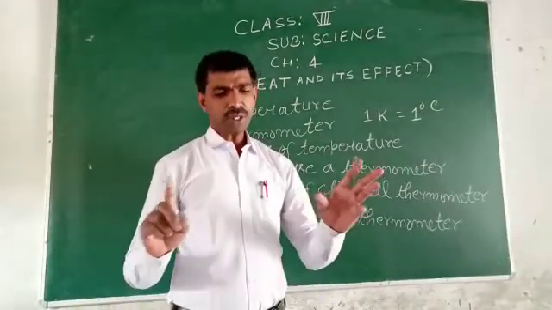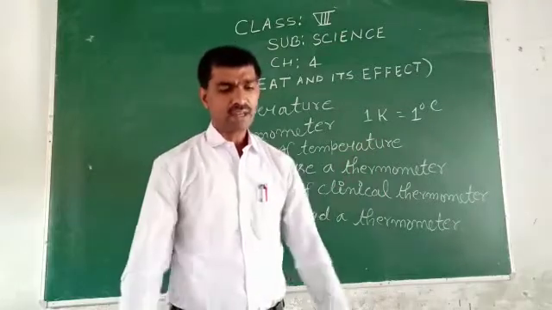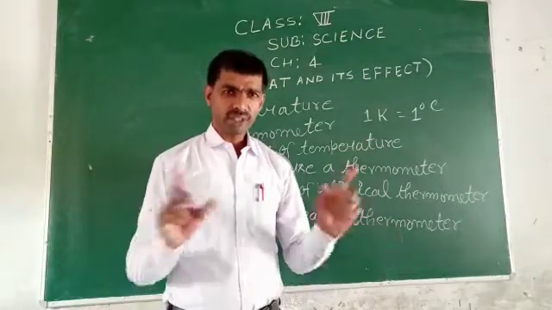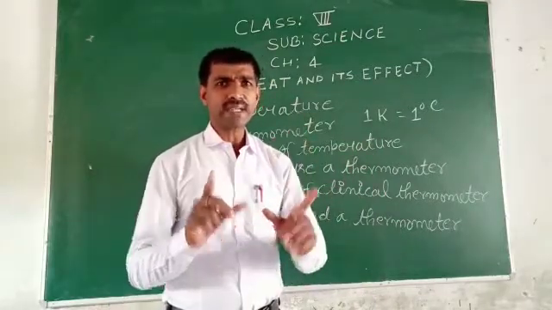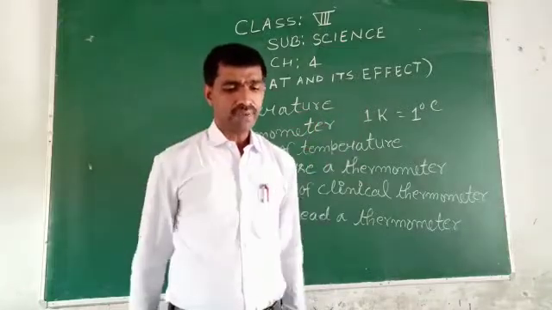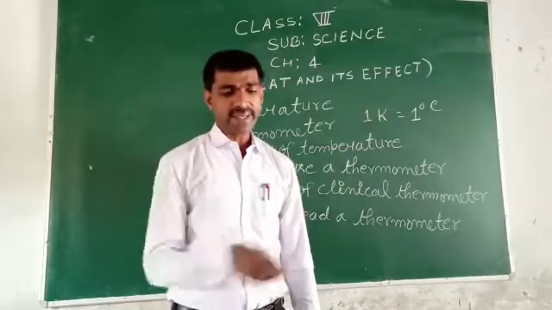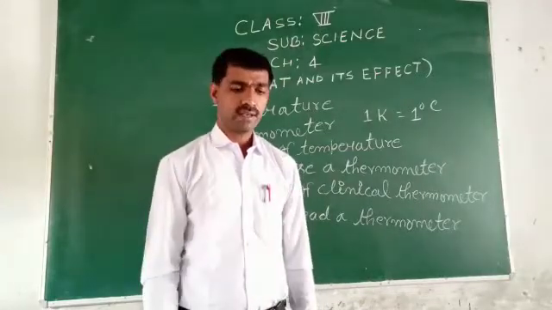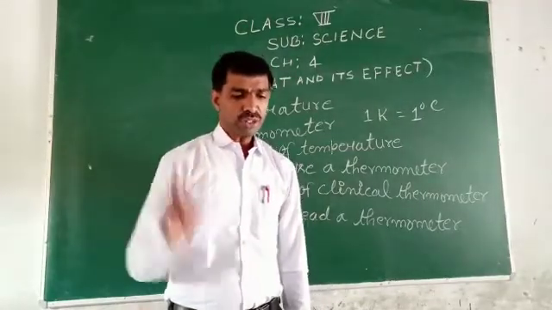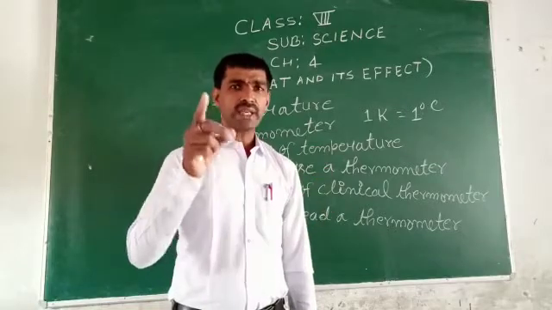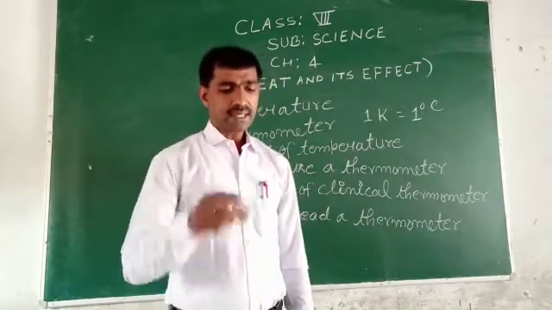Since the fixed points used for the two scales are the same, we can see that 100 degrees on the Celsius scale is equal to 180 degrees on the Fahrenheit scale, and 0 degree Celsius is equal to 32 degree Fahrenheit.